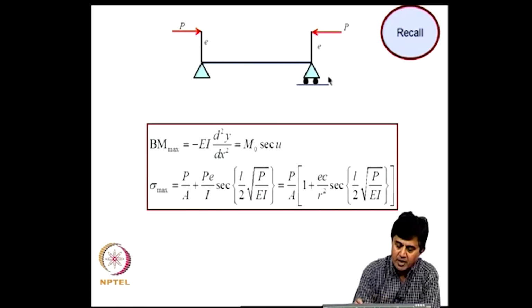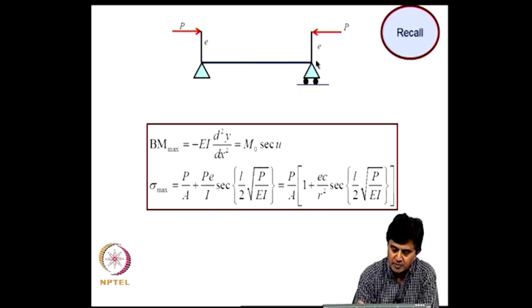If a moment is applied without the presence of axial load, M naught will be the moment, but due to the simultaneous presence of axial load, this is a modification factor, and the bending stress due to this we have computed, and this is commonly used in the design of steel structures.